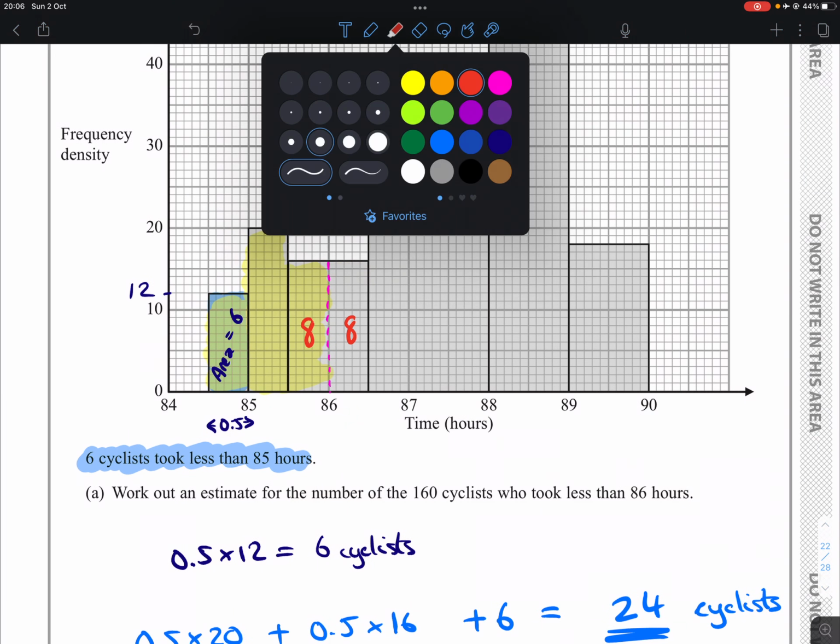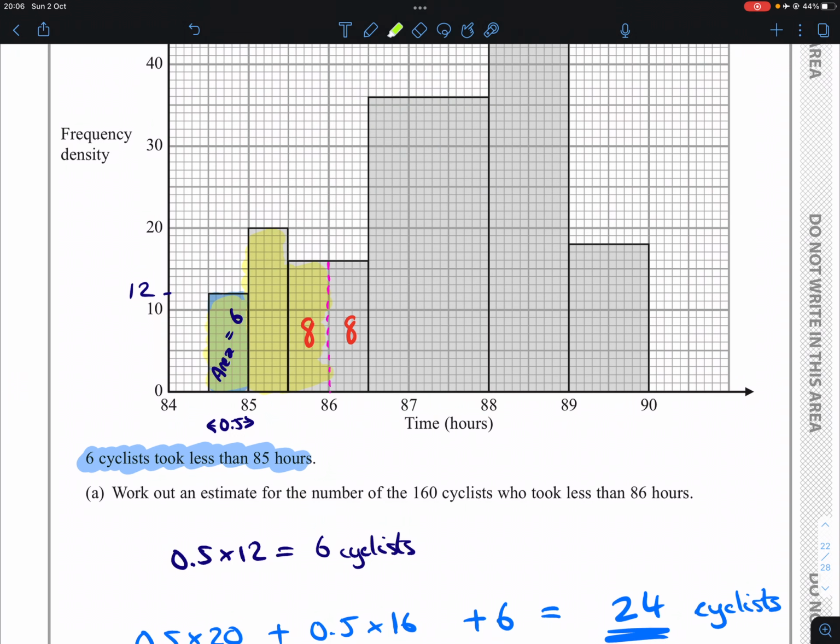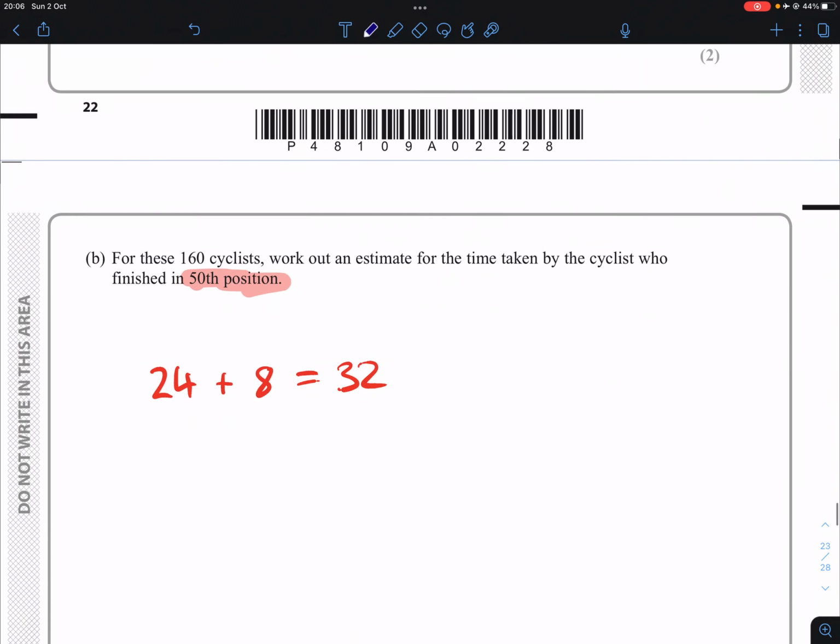We can then explore the area of this bar here, which will be 0.5 times 36. So 0.5 times 36 gives us 18. And luckily, when we add these together, that's going to give us 50.